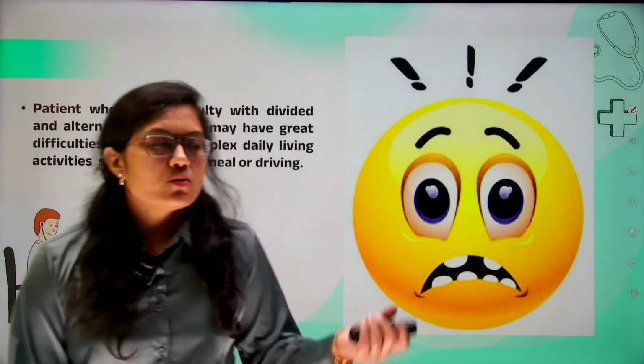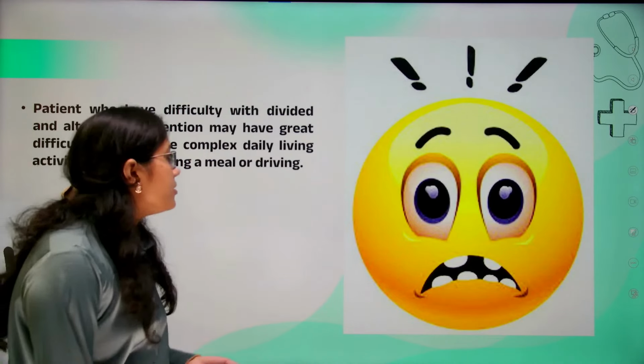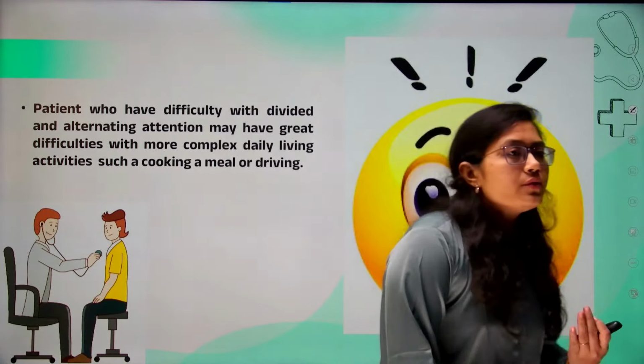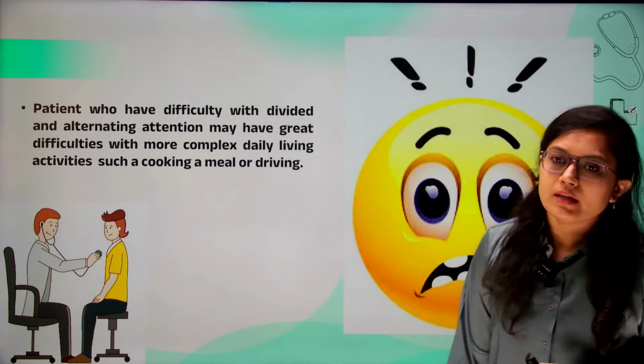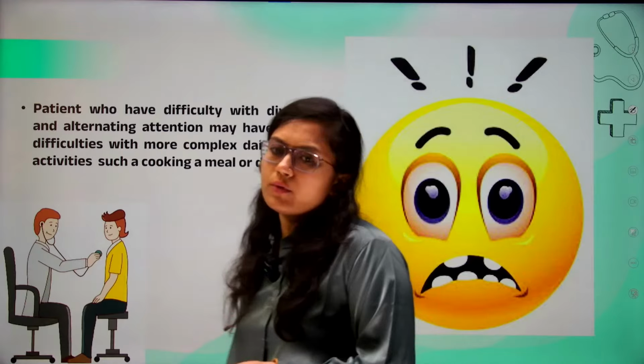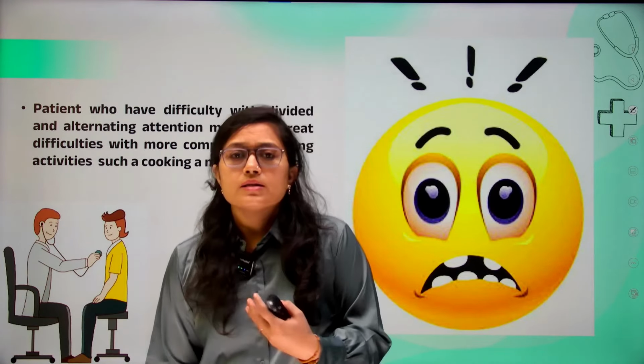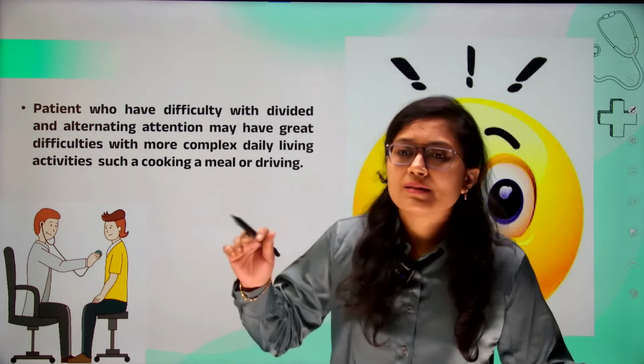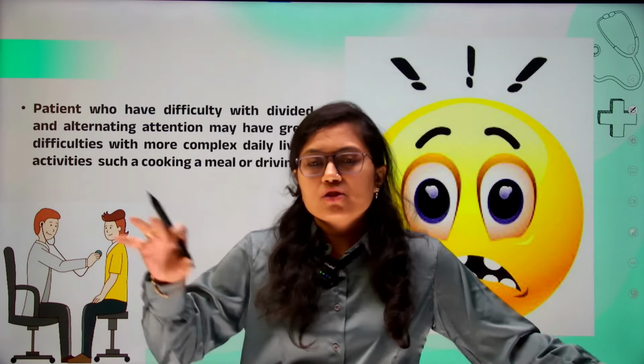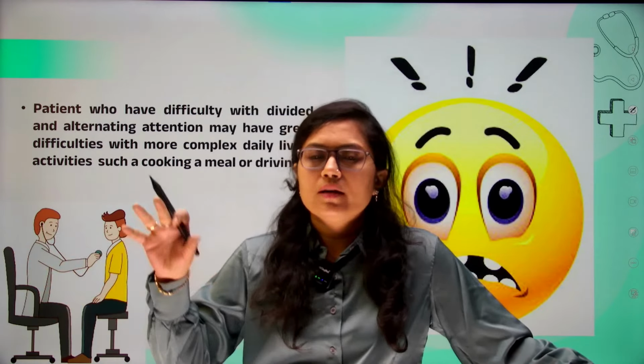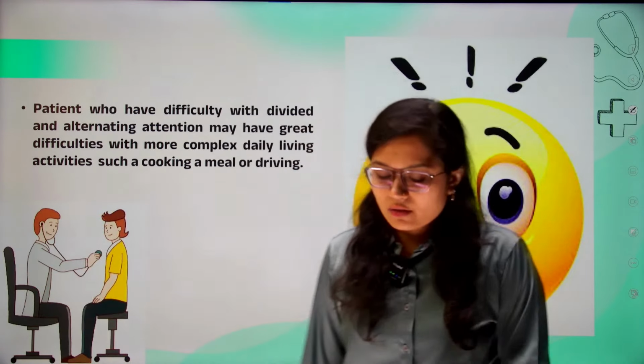So a patient who is having difficulty in divided attention will have majority of the difficulties in their daily activities, because they cannot easily do multitasking. हम बोलते हैं ना, इससे multitasking नहीं होता, इसको एक चीज पे ही ध्यान रखना पड़ता है. फाइन. तो क्या होता है, divided attention इतना शार्प नहीं होता जितना होना चाहिए.